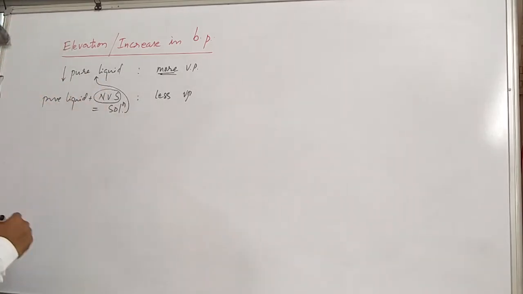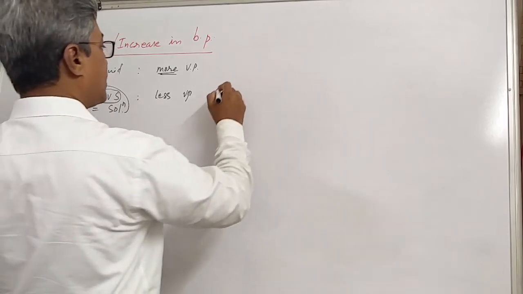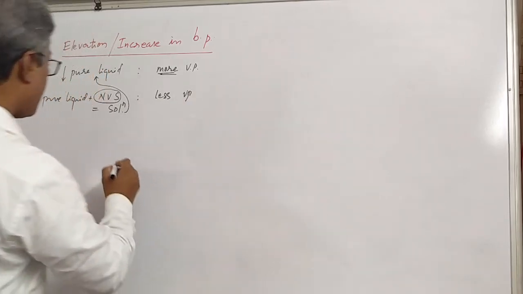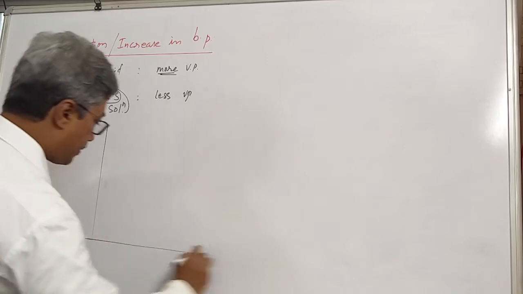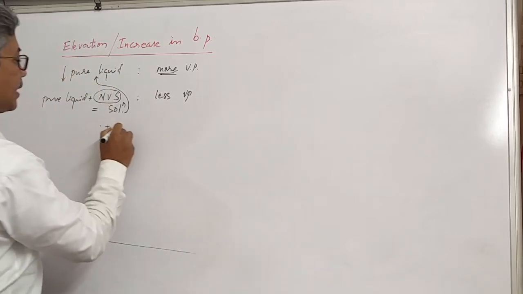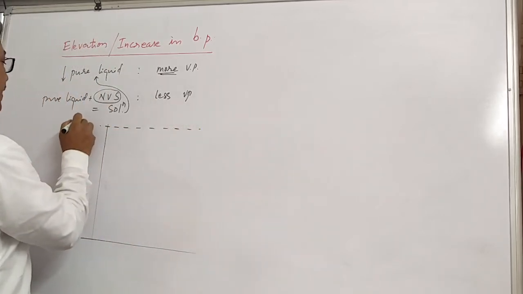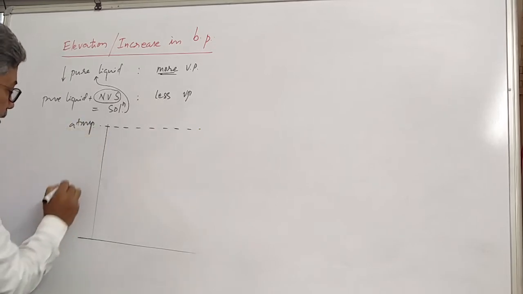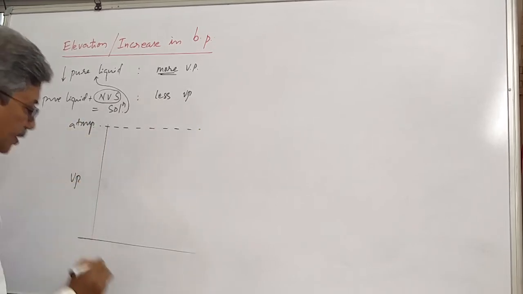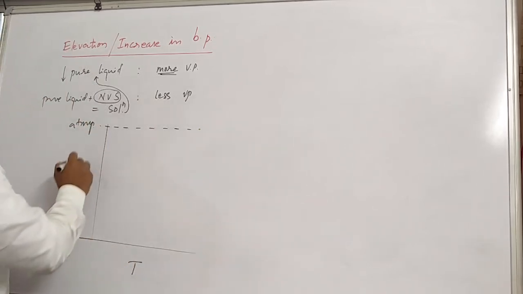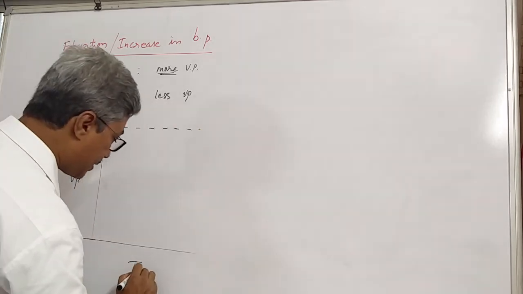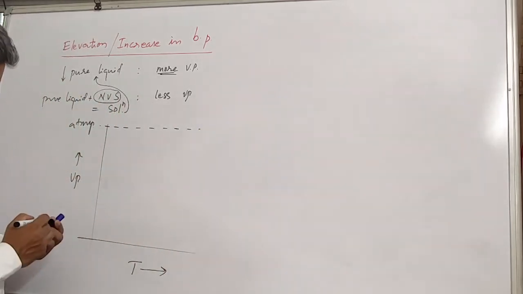This we will like to represent in graphical manner. See, students, this is say atmospheric pressure, this is vapor pressure, and this is temperature. Along this axis, vapor pressure variation is noticed, and here temperature.